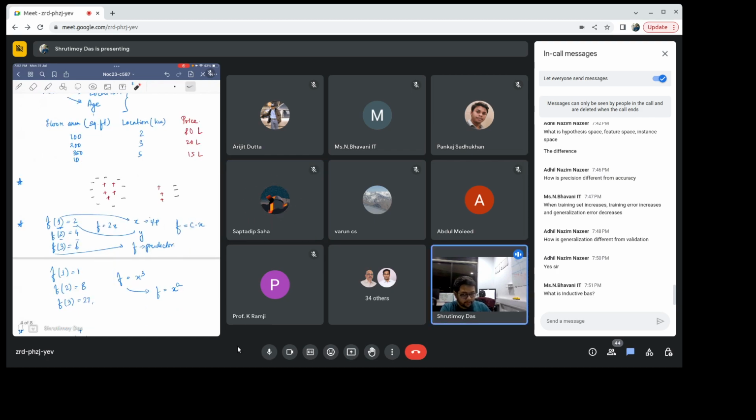In this example you can have many separators, right? This is one, or it can have something like this.